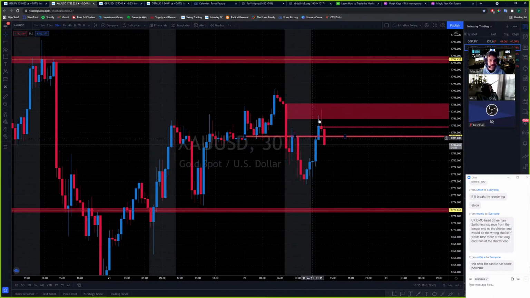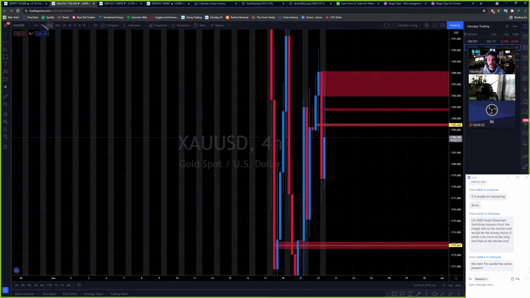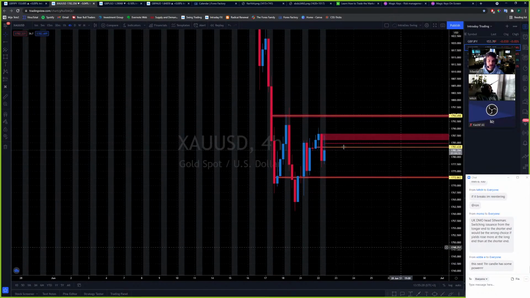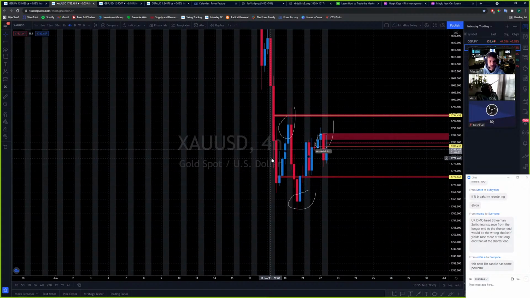Once the 30-minute did make that rejection wick, even though it broke structure, that could have made sense because of this level over here. And we're overall bearish. Even on the higher time frame, you can see that we haven't broken structure to the upside yet. We haven't broken this level. You see it low, low, high. This could be the next leg down. Yeah, true.